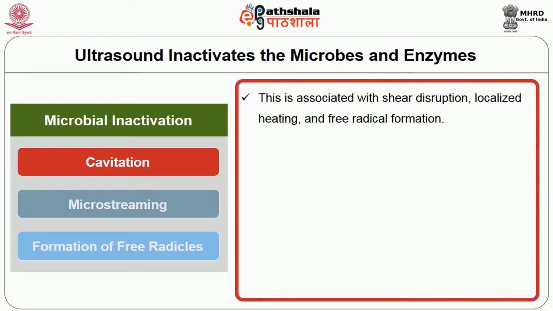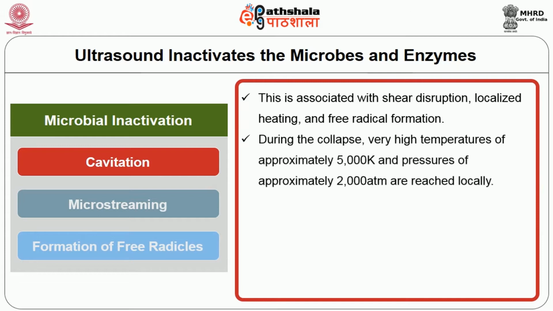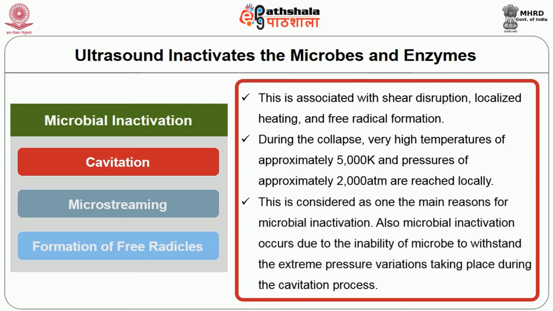Cavitation is associated with shear disruption, localized heating and free radical formation. During this collapse, a very high temperature of approximately 5000 Kelvin and pressures of approximately 2000 atmospheres are reached locally. Cavitation is considered as one of the main reasons for microbial inactivation.